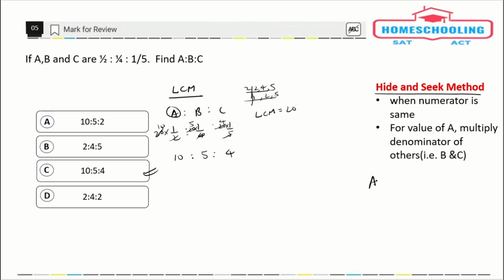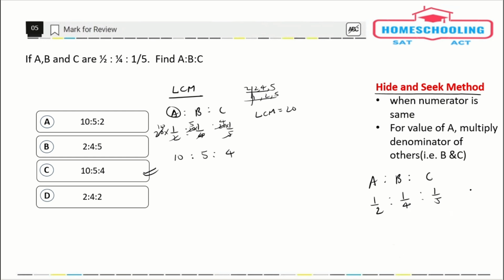So A is to B is to C is 1 by 2, 1 by 4, 1 by 5. To find the value of A, we will multiply the denominators of the other two. So for A, we will hide A and take the value of the other two denominators.